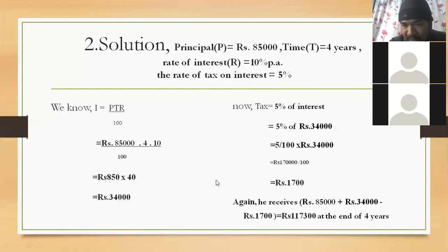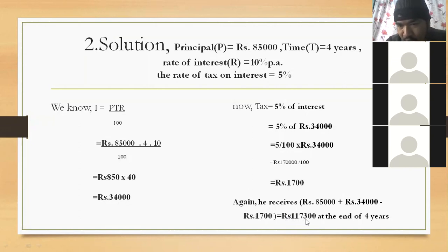That person will get 1,17,300. Okay, children. How much is received? 1,17,300 is received by the depositor. Who is depositing the money?